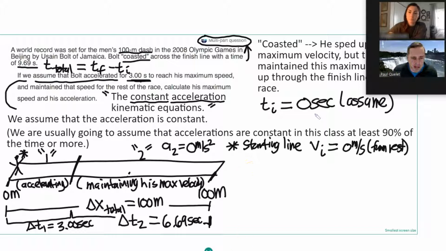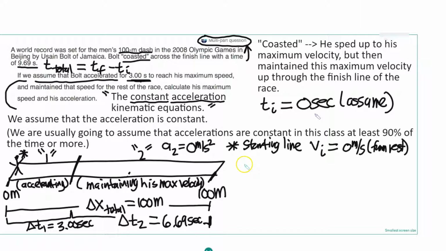Let me try to explain this with a sketch of a graph. So suppose this was the position versus time. I'm sure you've seen these in your class so far. X versus t.